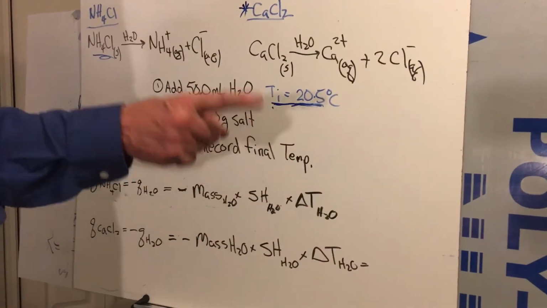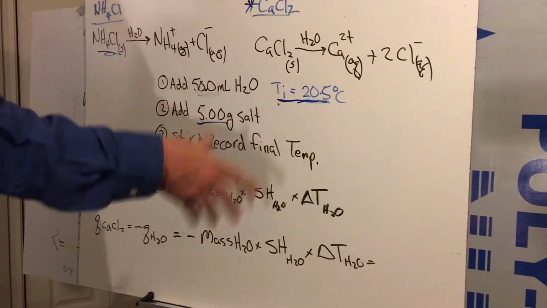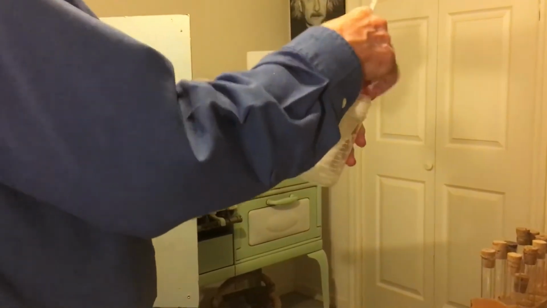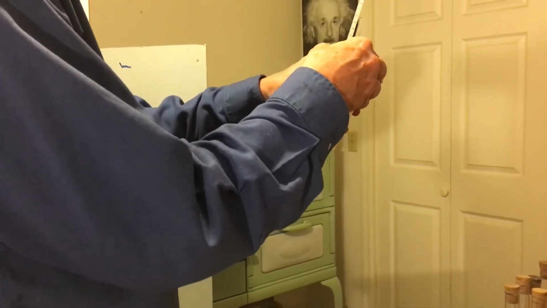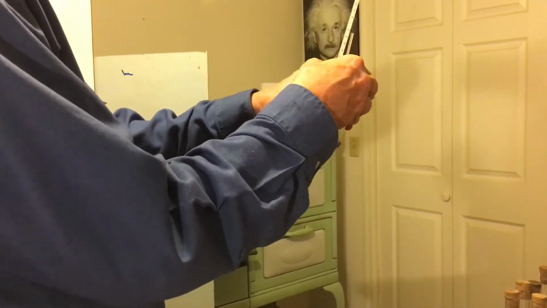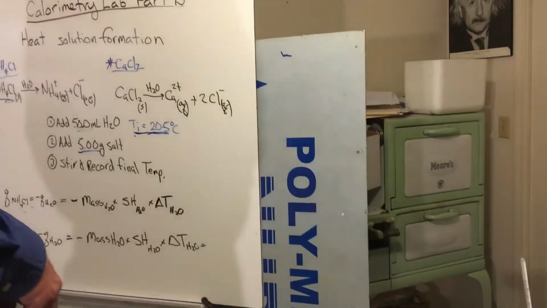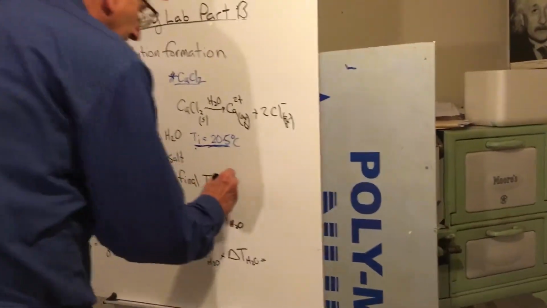We added the 5 grams of the calcium chloride. We're stirring, and now we're waiting for the temperature to reach its final state and stop rising. And I'm getting 22.5. So that would be our final temperature, T final.